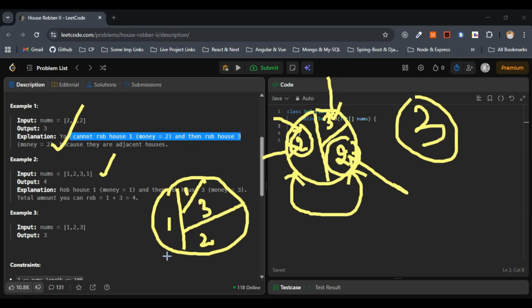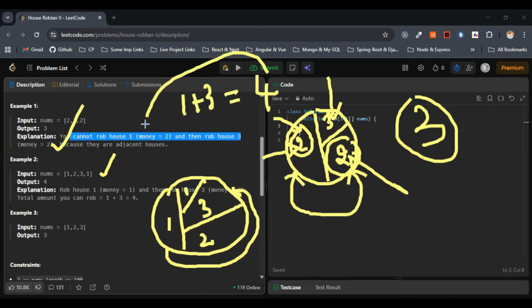If we consider 1 here, we cannot rob the adjacent house, so then we rob this one. That will be 1 plus 3, which is the maximum, so this will be 4. They have given 4 itself. The same goes with example 3 as well.